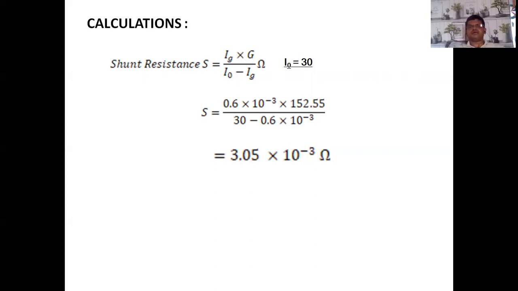So we put here 0.6, converting into ammeter, so 0.6 multiplied by 10 raised to minus 3 power. Then capital G, we have the value 152.55, I0 is 30, and Ig is again the current capacity of the galvanometer. After solving this equation, we find the value 3.05 multiplied by 10 raised to minus 3 ohm.